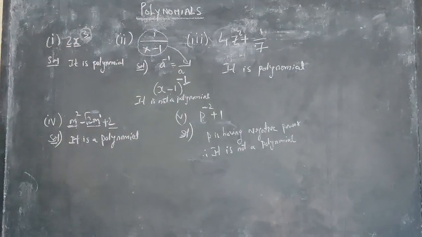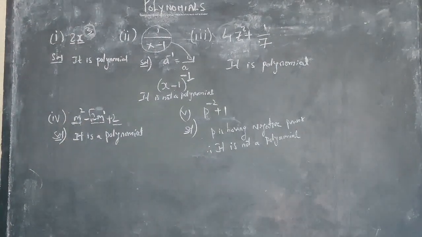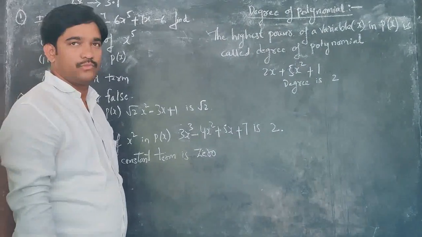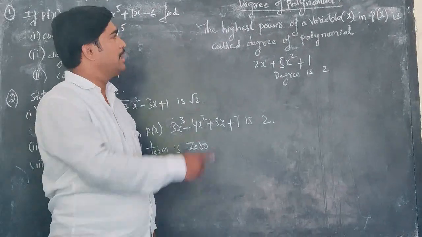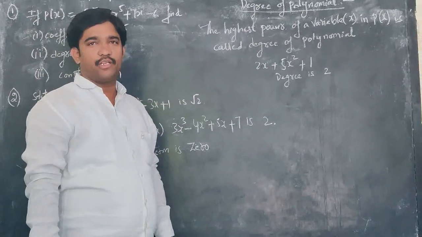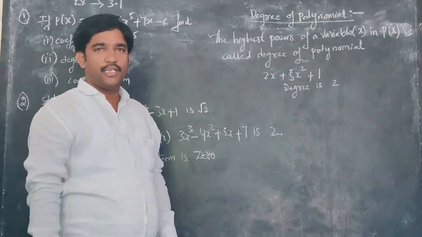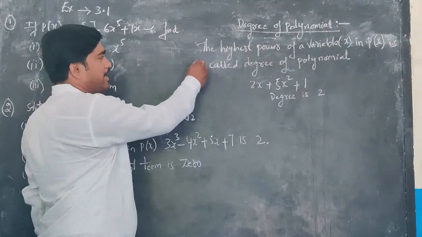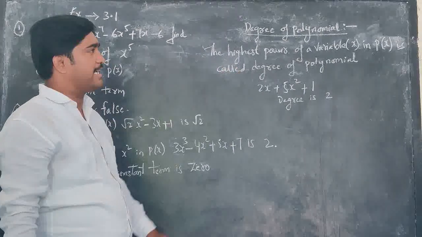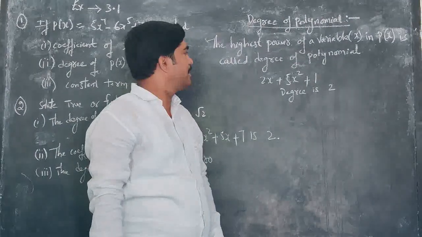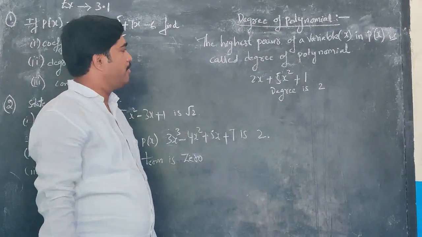Just write out, make a note of this one. Now the next topic in polynomials is nothing but the degree of a polynomial. Now we will know what is the degree of a polynomial. The highest power of a variable x in p of x is called the degree of a polynomial.